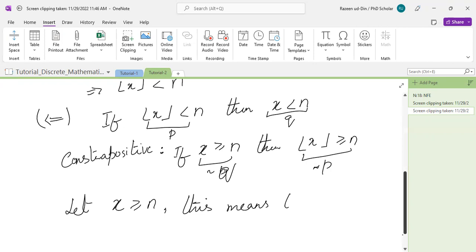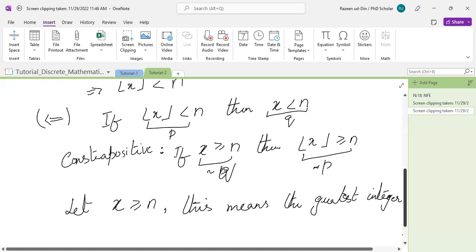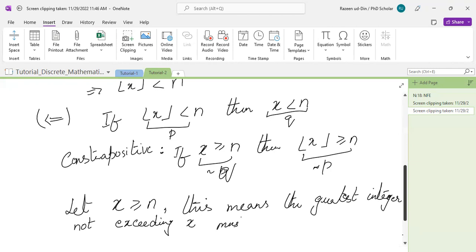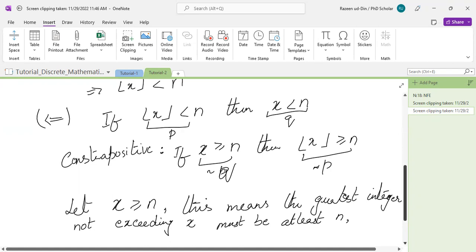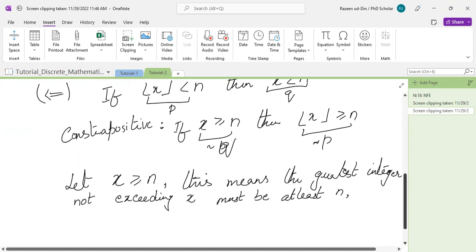And this means the greatest integer not exceeding x must be at least n, right?